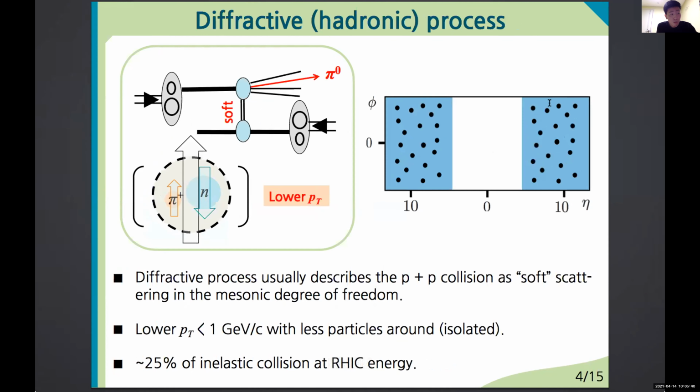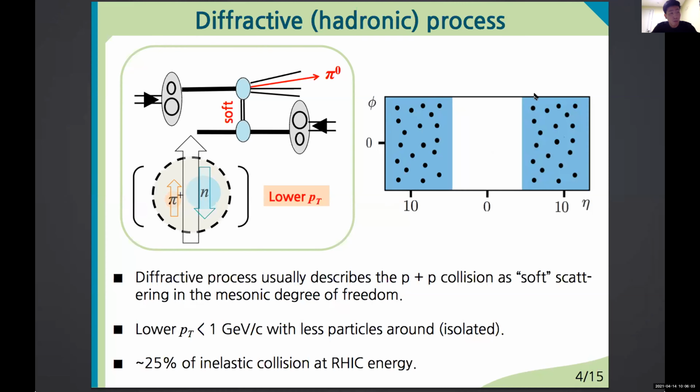In contrast to the non-diffractive process, chiral neutral exchange between two protons is a characteristic of the diffractive process. So the particle production is suppressed compared to the non-diffractive one, and experimentally, a rapidity gap is observed, as shown in the right figure.